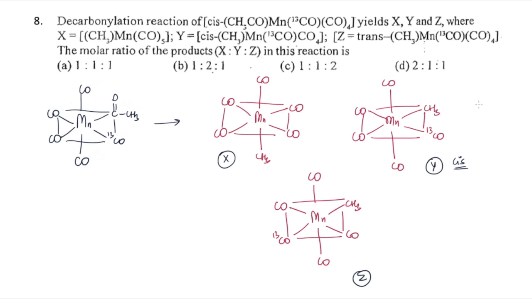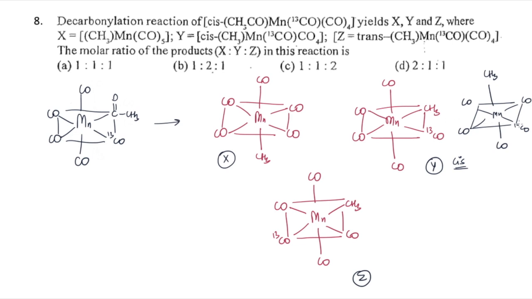Okay, so I will just draw it like this. I have manganese and I have to draw the cis product. So it's 13CO, I'm just putting it over here. This is CO, this is CO, and this is again CO, and here I have the methyl group, and here I have CO.